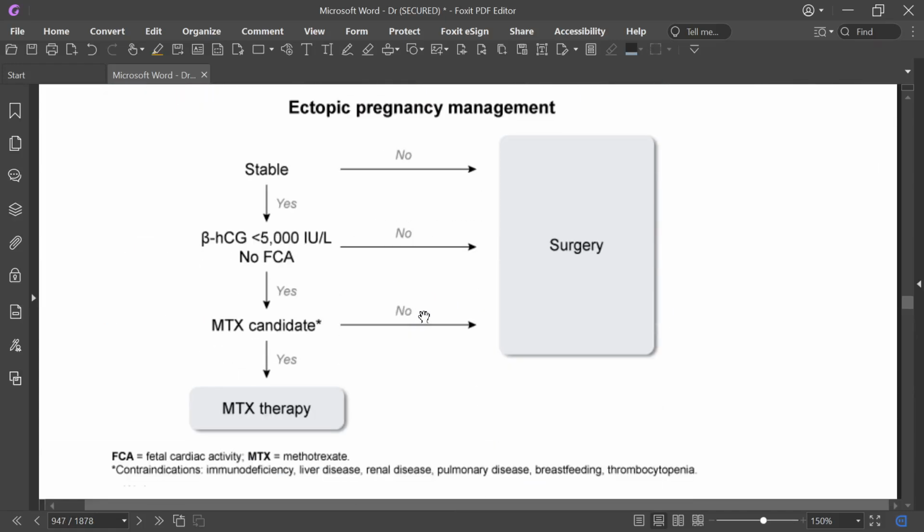Ectopic pregnancy management. If it is stable, no surgery. Stable, yes, beta HCG less than 5000 and no fetal cardiac activity, then methotrexate should be given.